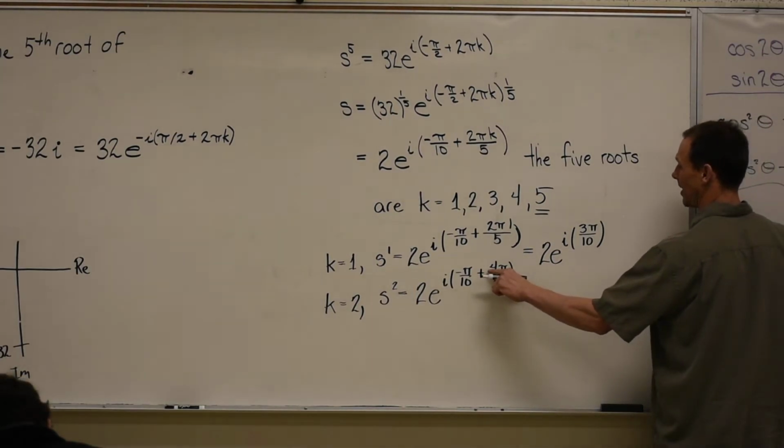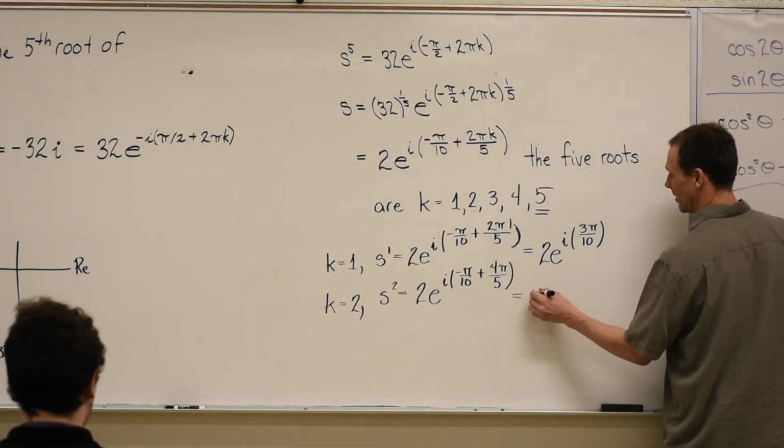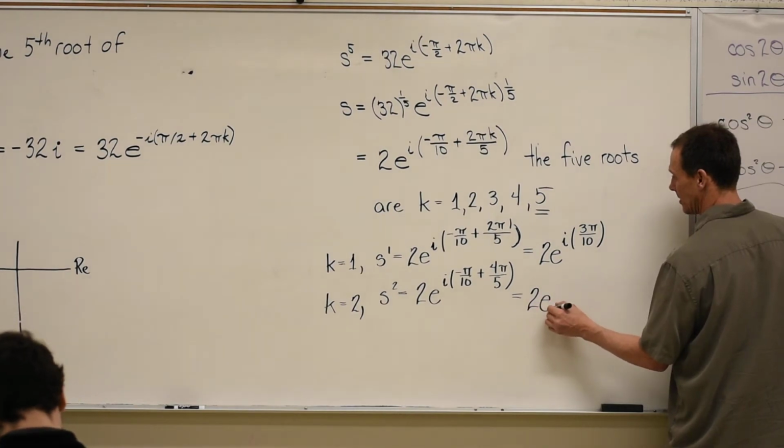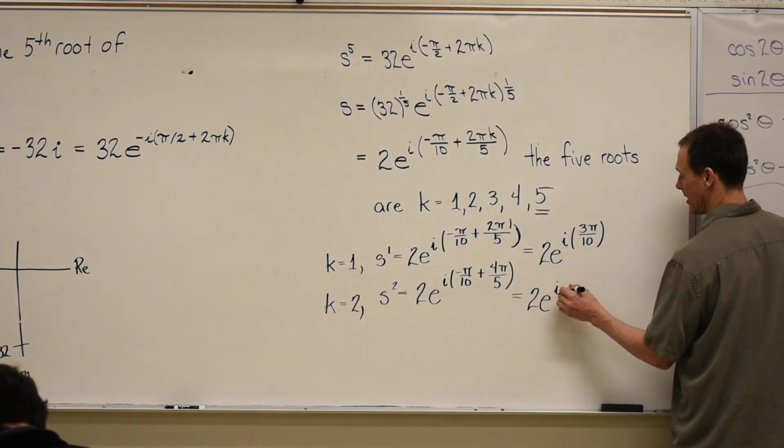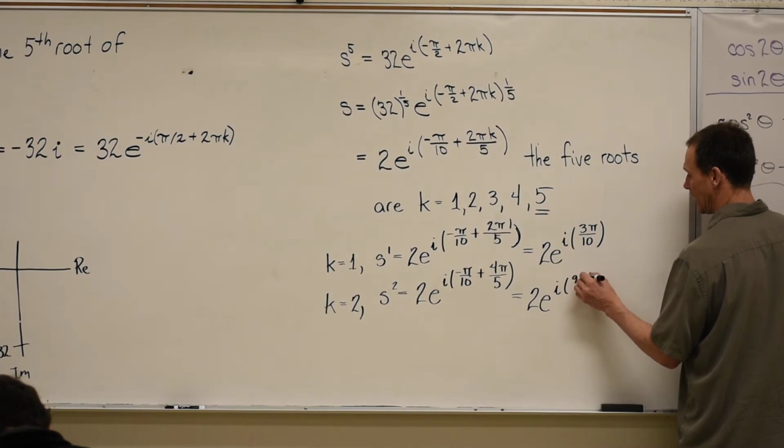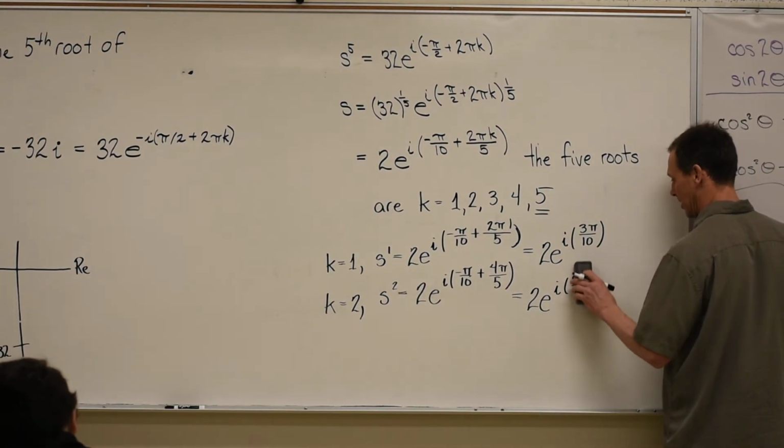But this would really be like 8 over 10. So I'm going to write that as 2 e to the i times 9 pi over 10. Now, 8 minus 1 is 7. 7 pi over 10.